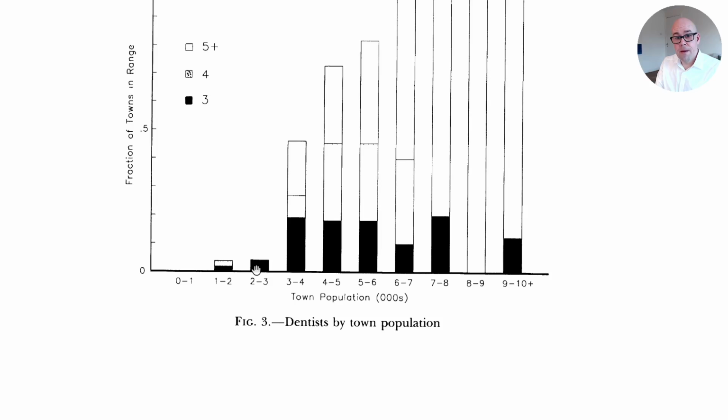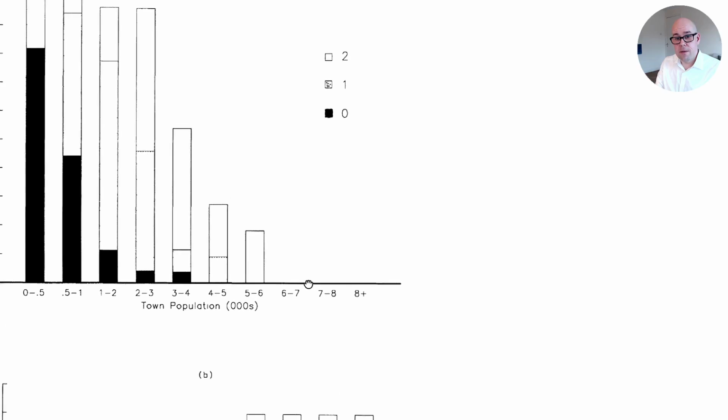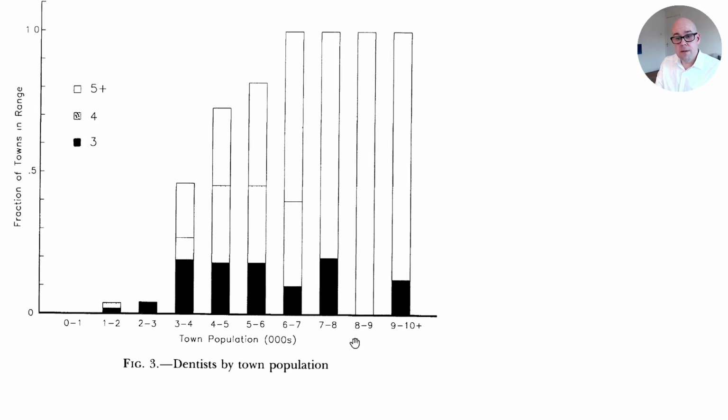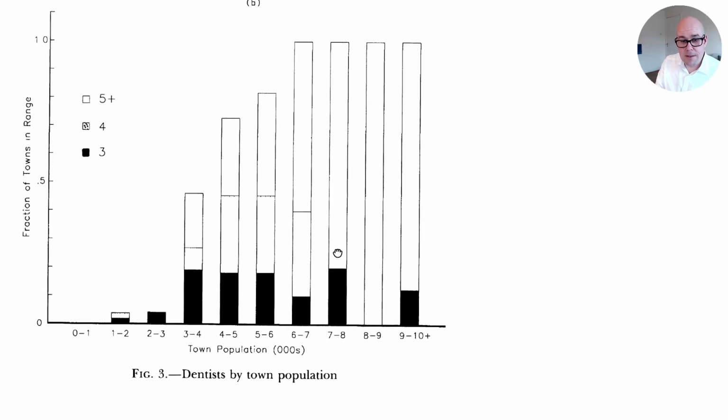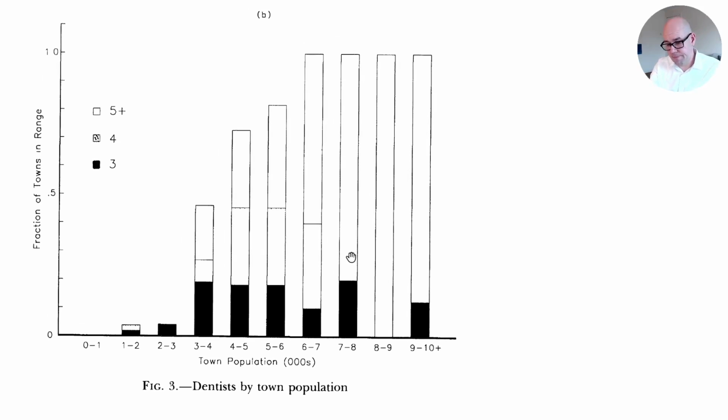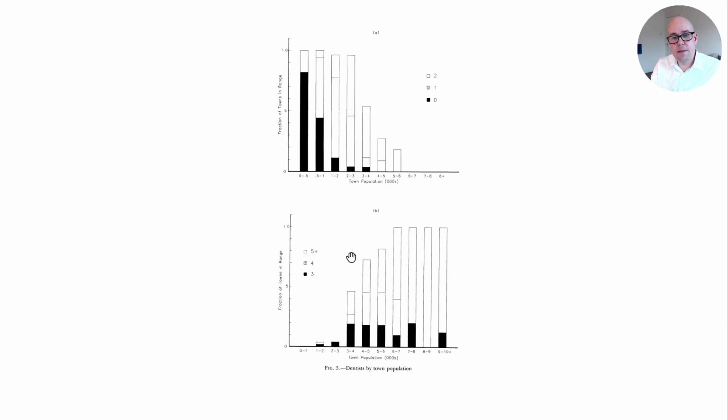Okay, but none with 4 or 5 plus. And then, when you look more to the right, you see that towns with 7 to 8,000 people, what we observe are either 3 or 4 practices in those towns. So this is descriptive evidence.